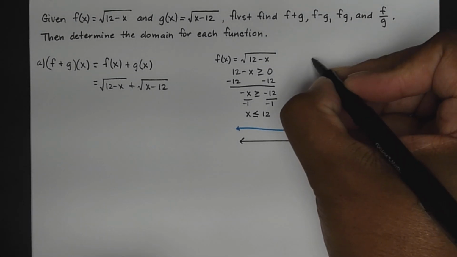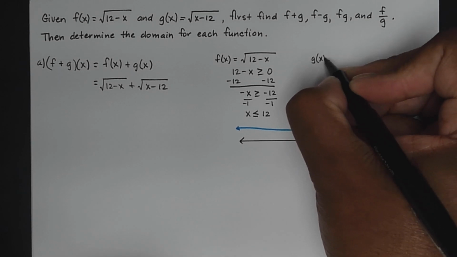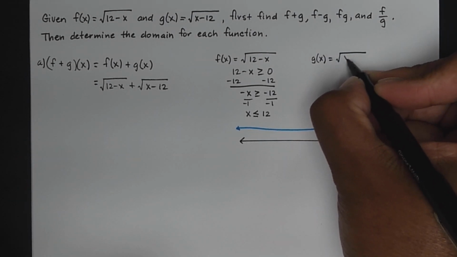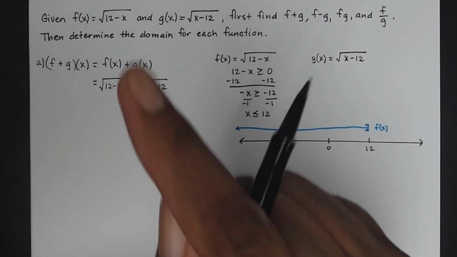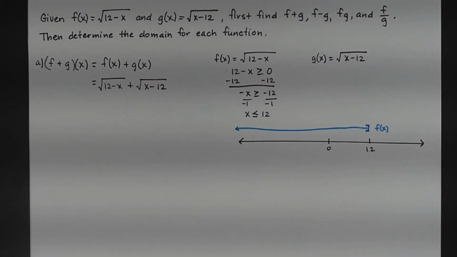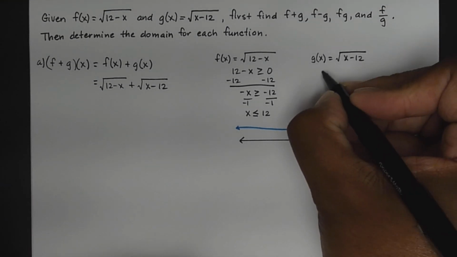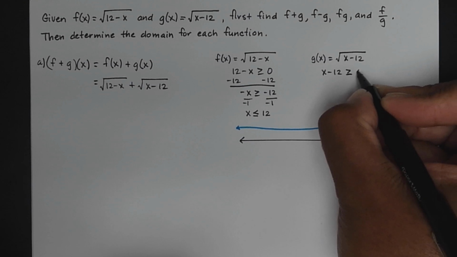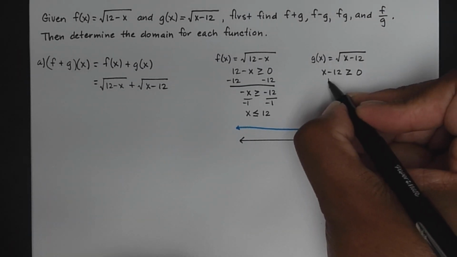Now for g of x, that's going to be the square root of x minus 12. That's given to us in that problem. And again, we have a radical function, so that means we need to take what's underneath the radical, which is x minus 12, set it to be greater than or equal to 0, and solve for x.